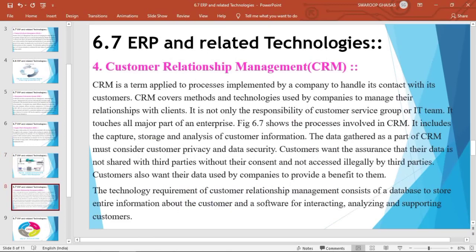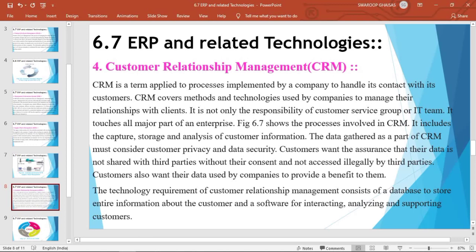Next, customer relationship management, that is CRM. CRM is the term applied to processes implemented by a company to handle its contact with its customers, that is, to maintain a proper relationship with the customer. CRM covers methods and technologies used by companies to manage their relationships with the customers.